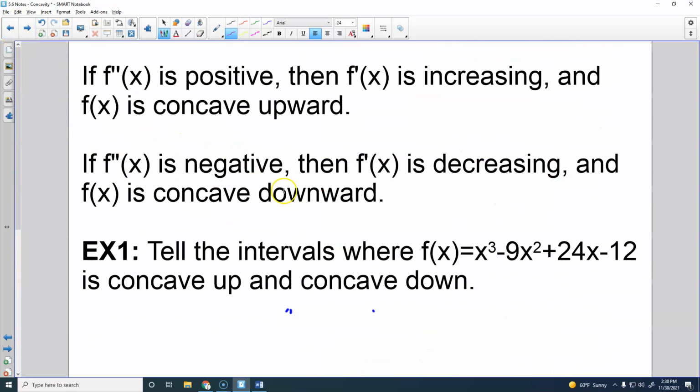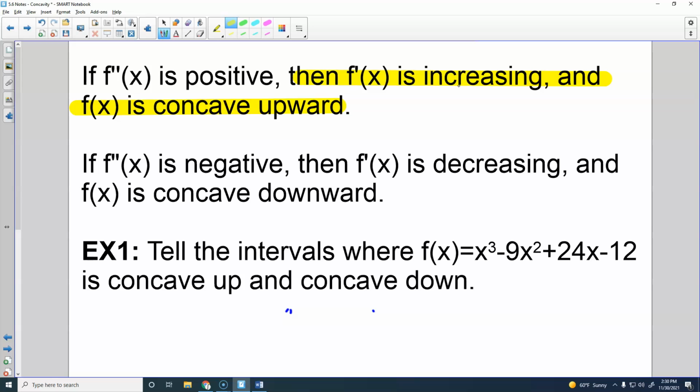All right, so I'm going to summarize this in a little bit different way too. If I know f prime is increasing, we have already stated that f of x is concave up. So if f prime is increasing, what do we know about its derivative?